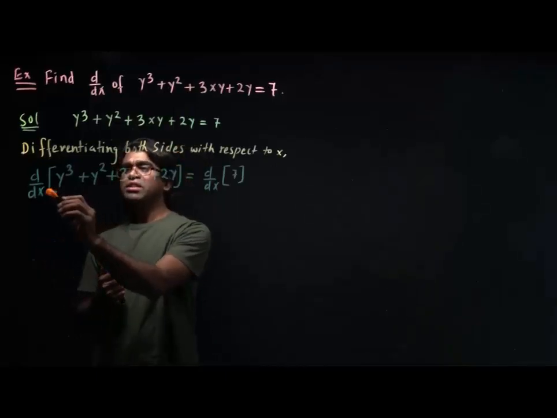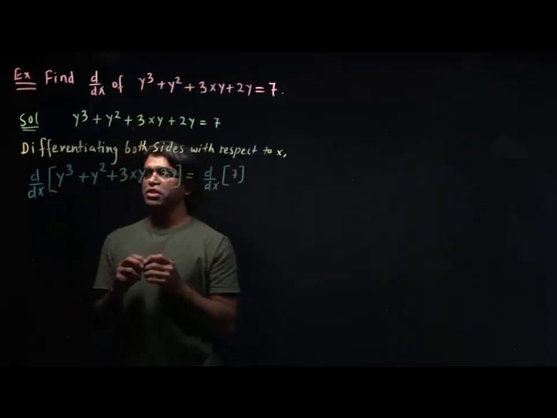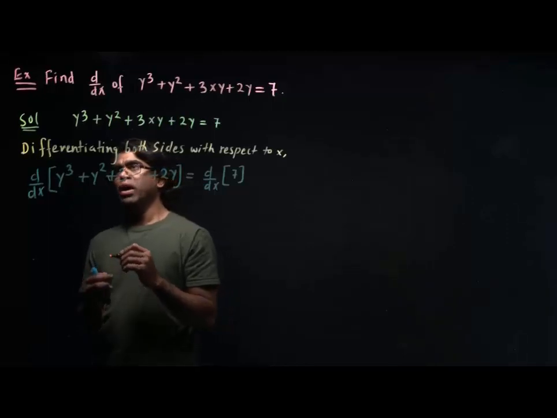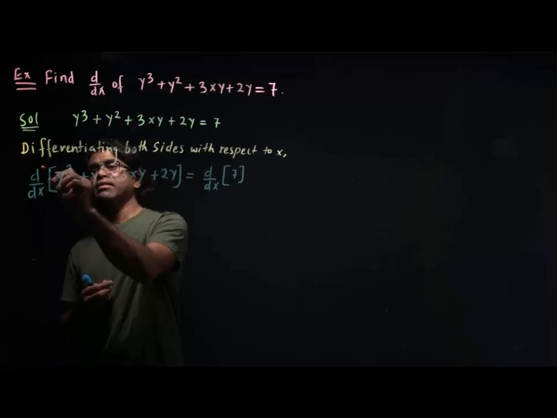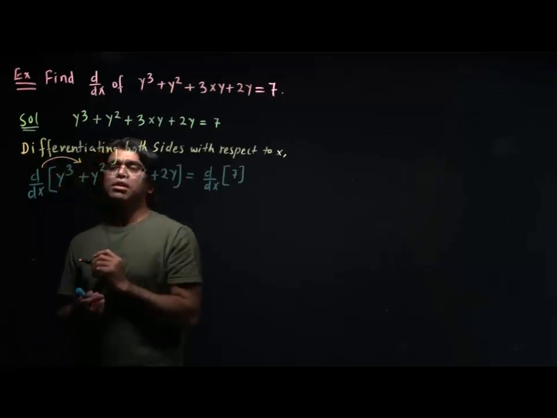So now let's differentiate both sides of the function. In order to do that, I'm going to distribute this d by dx inside the bracket.